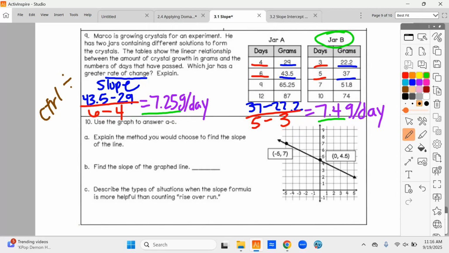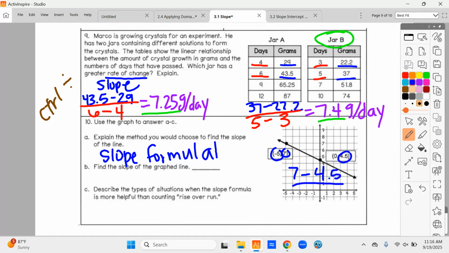Last one we're going to look at, use the graph to answer A through C. Explain the method you would choose to find the slope of the line. Because I see a decimal, I would use slope formula. So I would do y2 minus y1 over x2 minus x1.